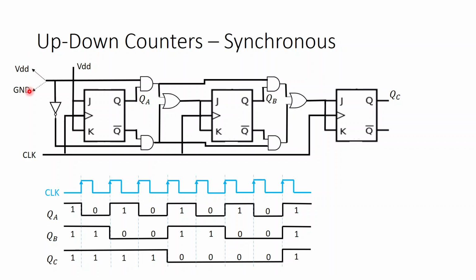So this switch decides whether you are having an up counter or a down counter. So this is the timing diagram. I think this is for the down counting operation. Yes. So when you connect it as an up counter, your timing diagram will change.